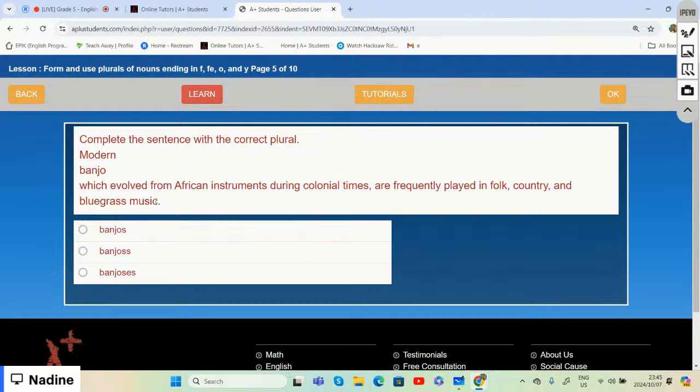Option two, banjos, or option three, banjoses? Which one is correct? The plural of banjo.